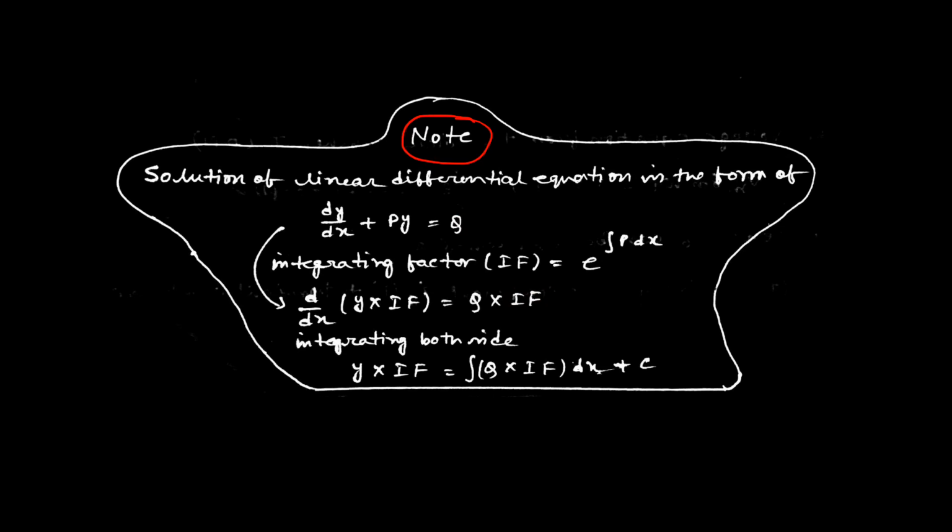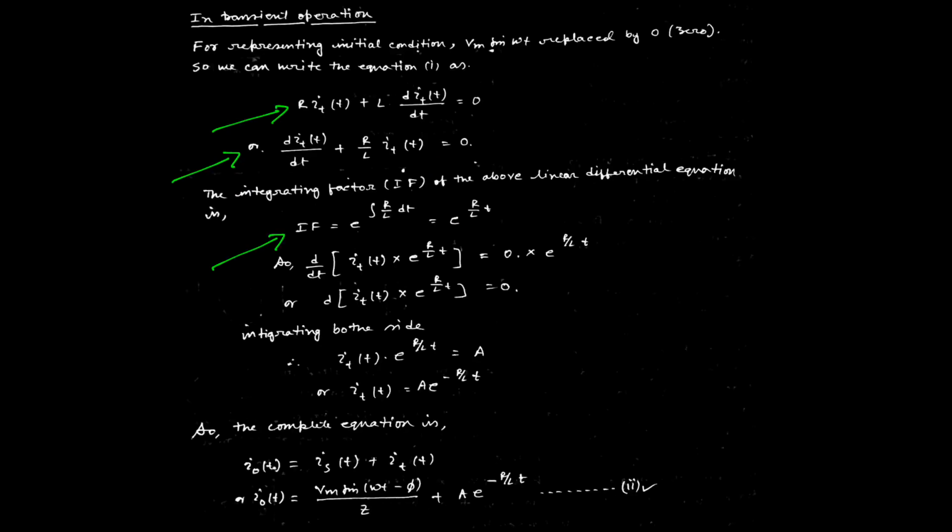Okay, so similarly, from this linear differential equation, as we know this is p, the integrating factor is equal to e to the power integration of p dt, so that is R by L. We can say that is e to the power integration of R by L dt, which is equal to e to the power R by L t after integrating.